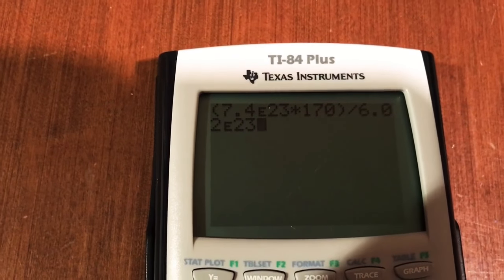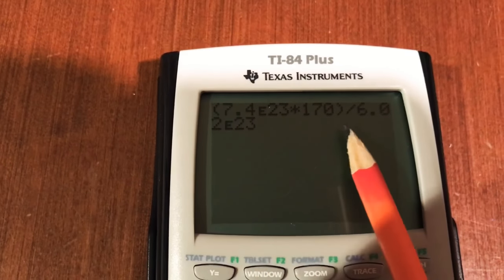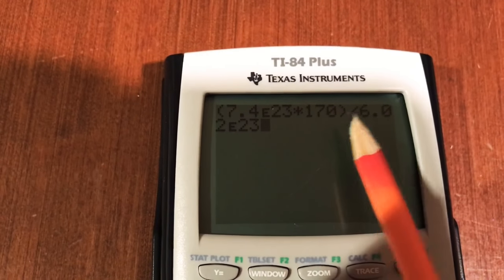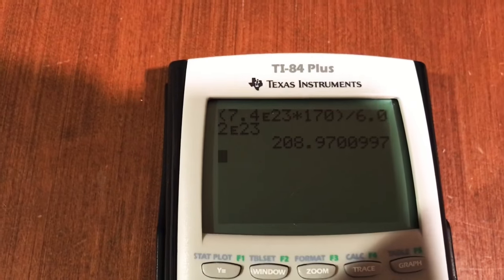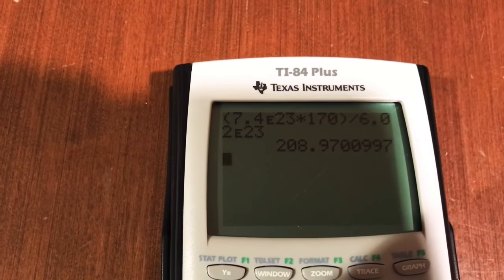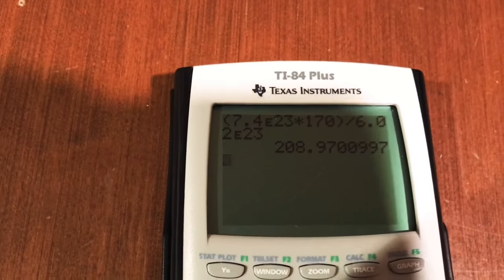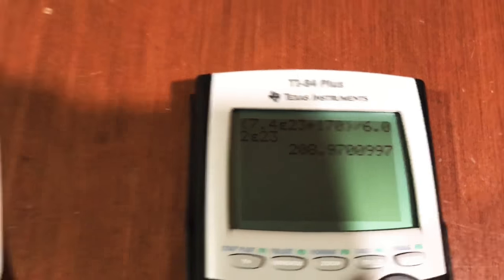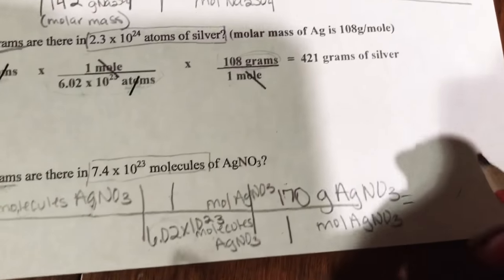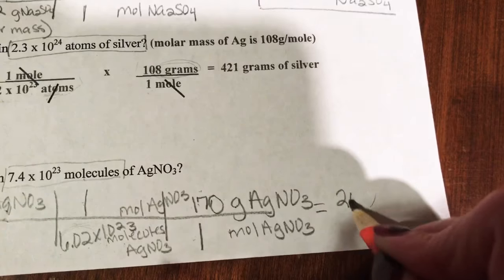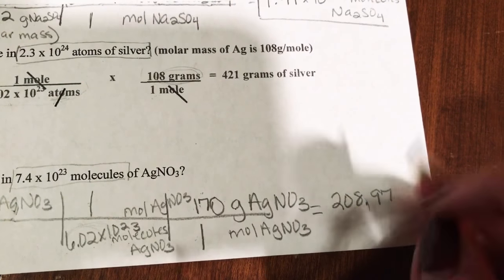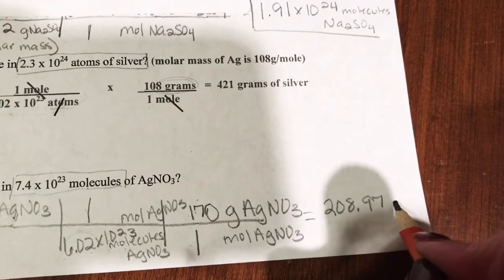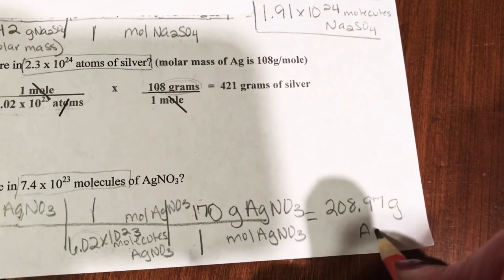Okay? Notice how I put what was on top in parentheses. So that way it's being multiplied first before it's divided. Let me hit enter. So our final answer should be 208.97 grams of AgNO3. So we'll go ahead and write it down. 208.97 grams of AgNO3.